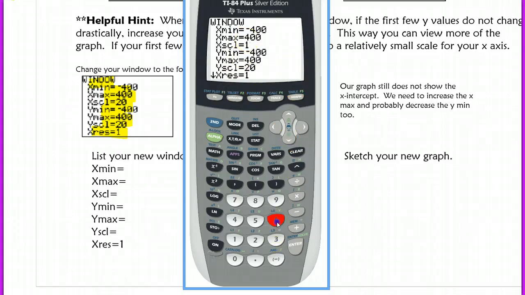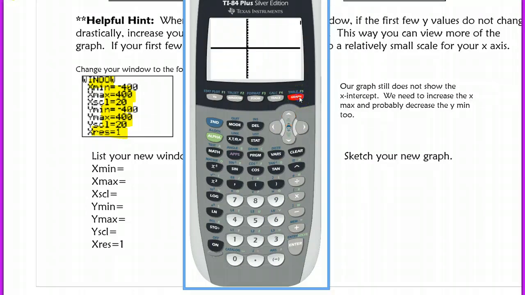If I increase that x max, and I could decrease the x min if I wanted to, but I don't have to here, now I'm going to get a clear indication of where that x-intercept is. Okay, so there is no right graph. There's no right window. Your window is going to come from being able to see all of the function. So there's not one specific value that you need to have for everything in here. You're going to have to play around with your calculator. Okay? All right, let's go to the next problem.